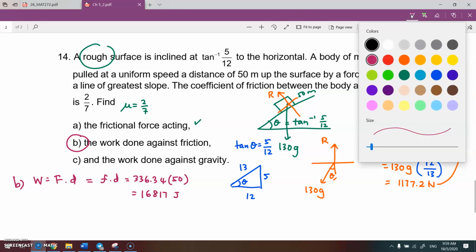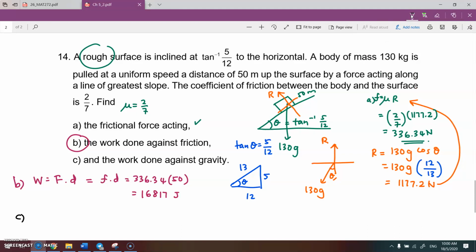For question C, the work against gravity, it is mgh. So m is 130 times g. How about your h? If your object moves here, you're going to find this h. This is already 50. So for theta, we need opposite over hypotenuse, so it would be sin theta.